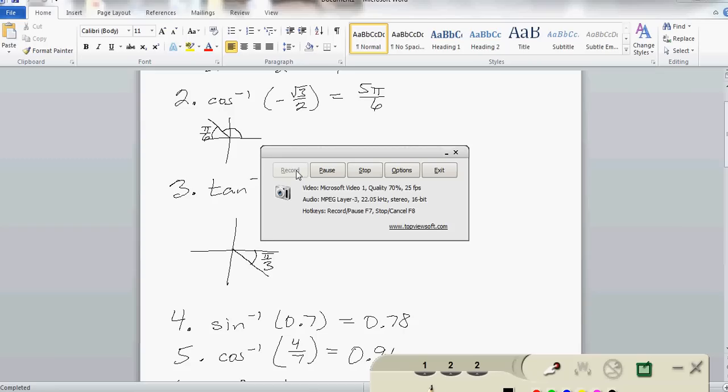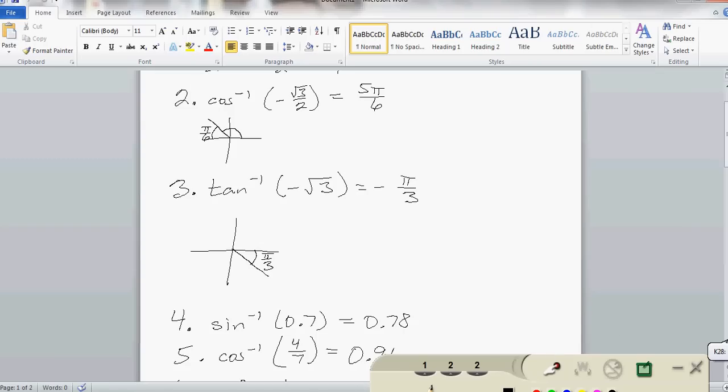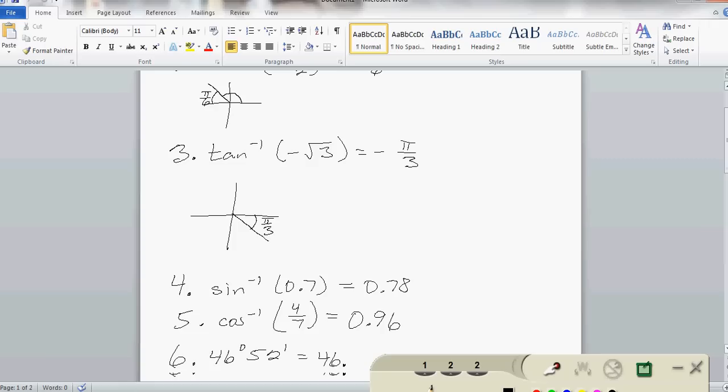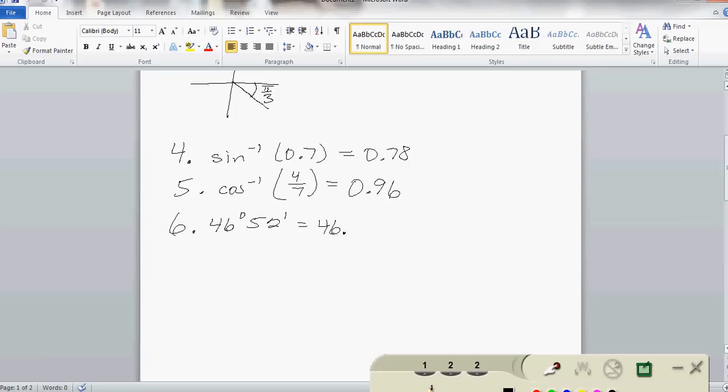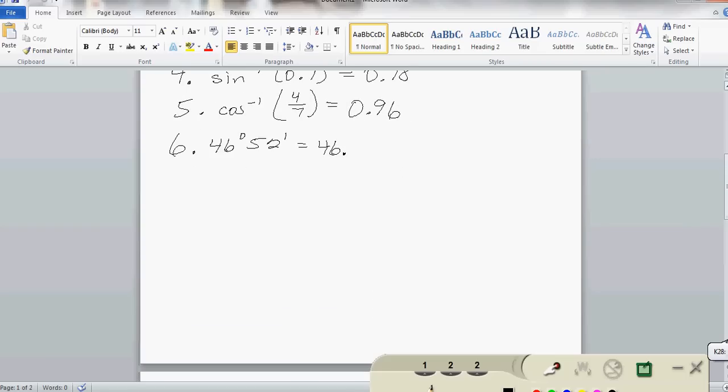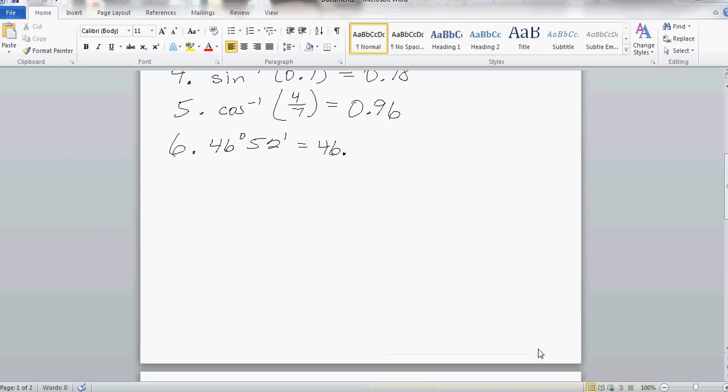Sorry about that. Had to go get my calculator because I just can't do division all that easily. And so 46 degrees 52 minutes would equal 46.87 degrees. Now that still doesn't help us because we need to convert this into radians.